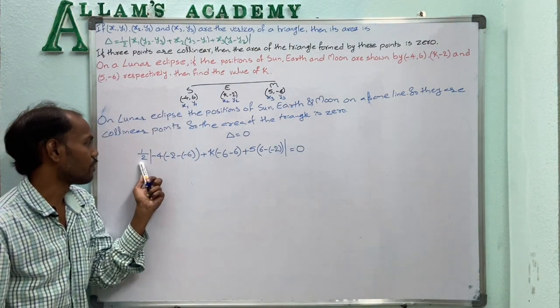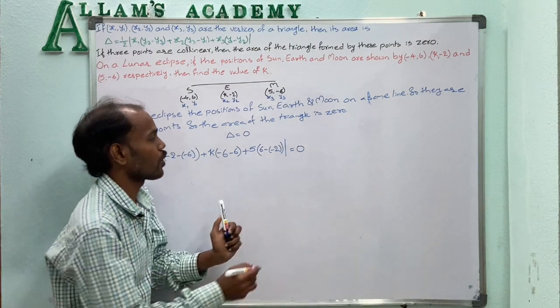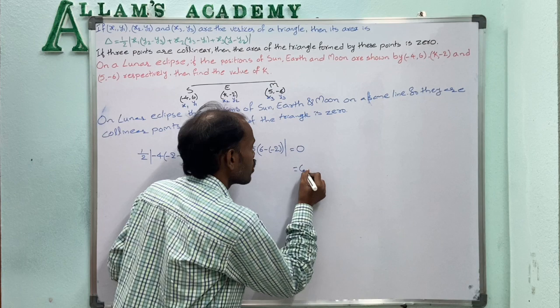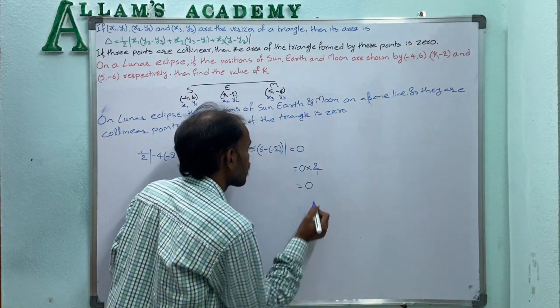Now the 1 by 2 on the LHS transfers to that side by its reciprocal, we have to multiply. So 0 into 2 by 1 is nothing but 0.